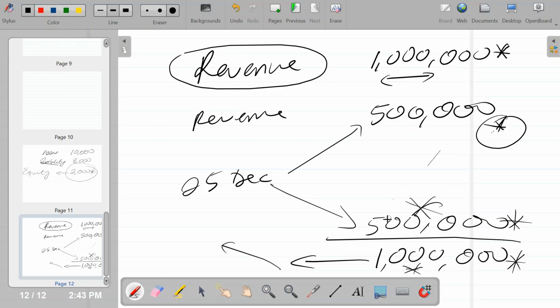So this revenue like this 500,000, if we are using the standards, will not be recognized as revenue. Because this standard says only recognize revenue when you have performed your obligation in the contract, like you have actually earned the revenue. If you have not worked for it, you cannot say that it is revenue.